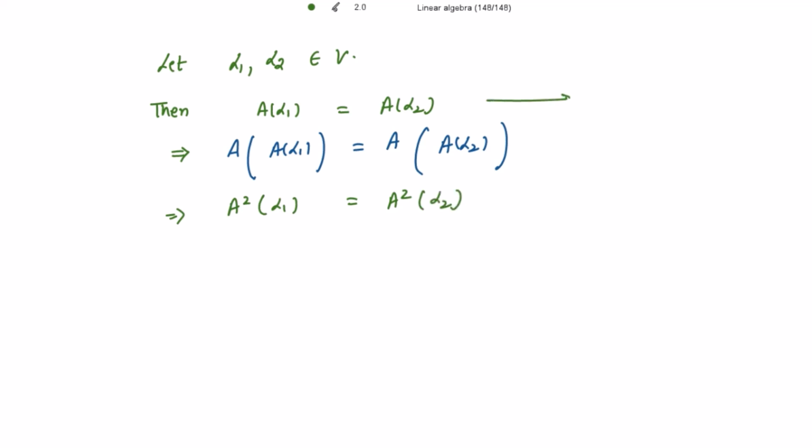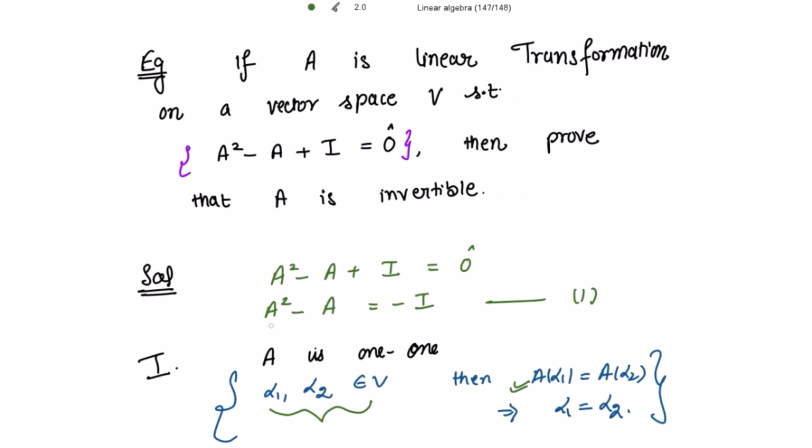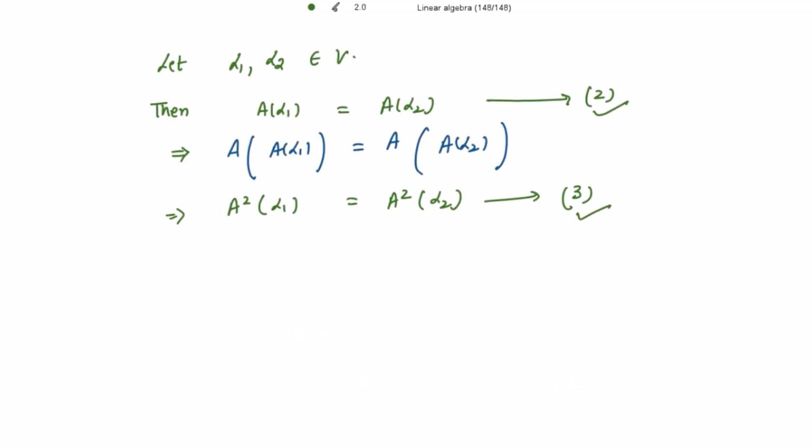Let me mark this as 2 and this as 3. I'm going to subtract 3 from 2, because I have the condition here that A square minus A is equal to minus I, and I have to use this condition.